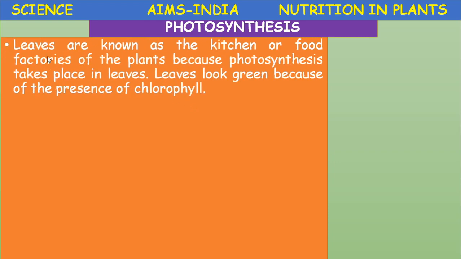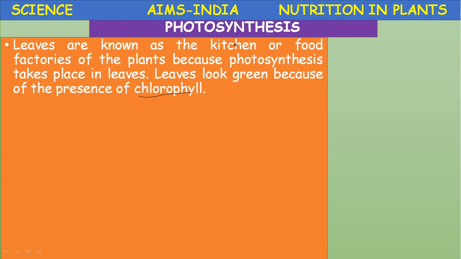Photosynthesis. The leaves are known as the kitchen or food factories of plants because photosynthesis takes place in leaves. Leaves look green because of the presence of a green pigment called chlorophyll.